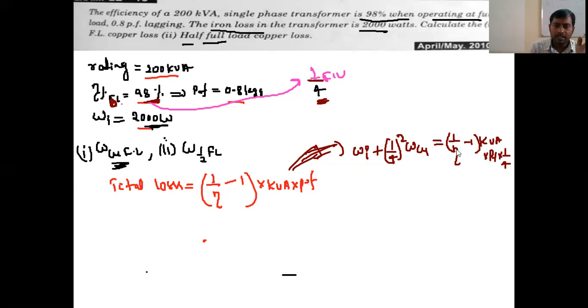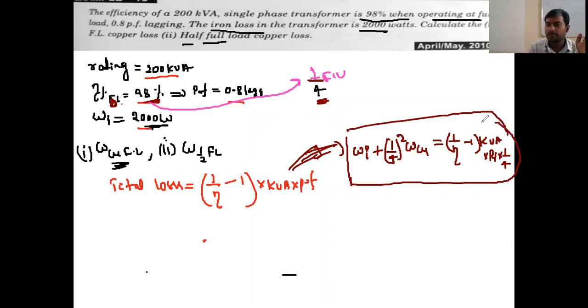Now this is a different derivation from the full load efficiency. Total losses are iron losses plus copper losses at 1/4 full load, so the copper losses become (1/4) squared into copper losses. Another 1/4 is also multiplied here.